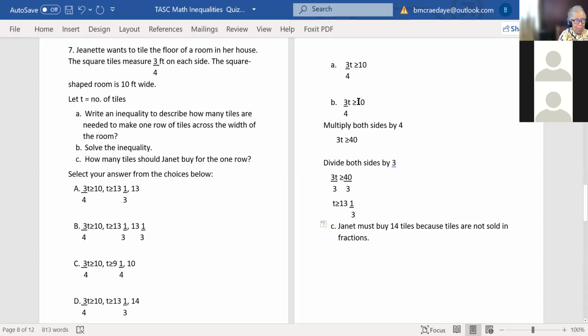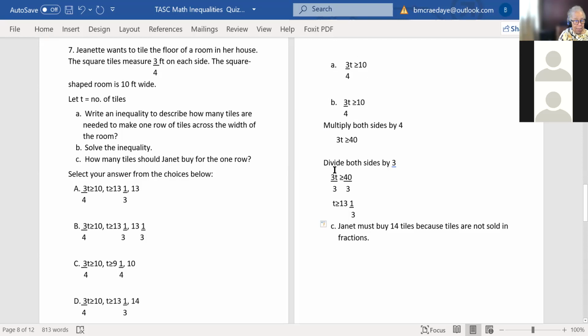When you got here, there's your inequality. 3/4 the size of the towels times the number of towels has to be greater than or equal to 10. Now you're supposed to solve this. Now, this is division, Maureen, so you're going to do multiplication, right? Multiply both sides by 4, you get 3t greater than or equal to 40.